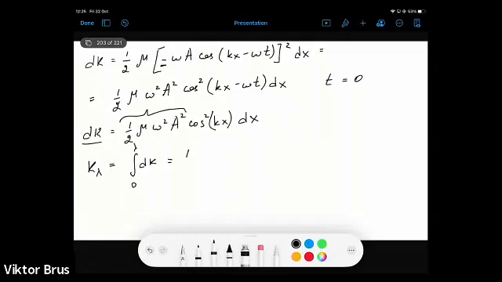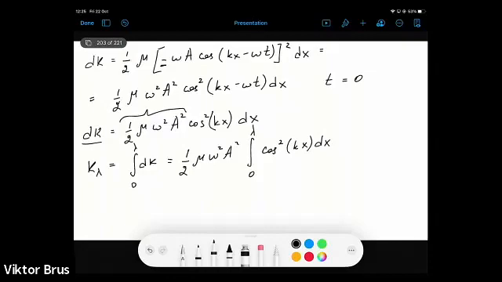So we can write them in front of the integral, 1/2 times mu times omega square times a square times integral from 0 to lambda, and here will be cosine square kx dx.